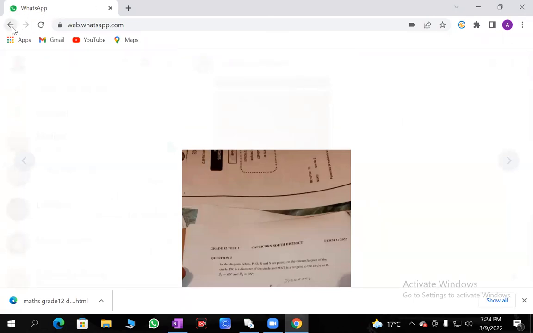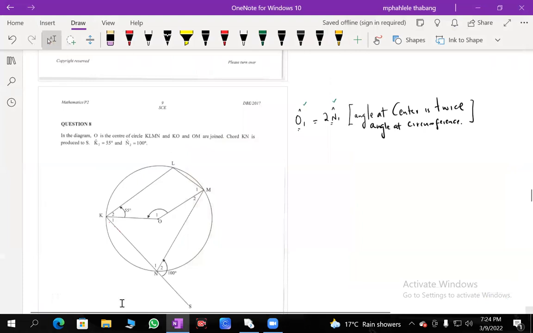What's happening here? This thing can be very slow. It's fine, let's just carry on. Angle O1 is twice angle N1 because O1 is the angle at the center.